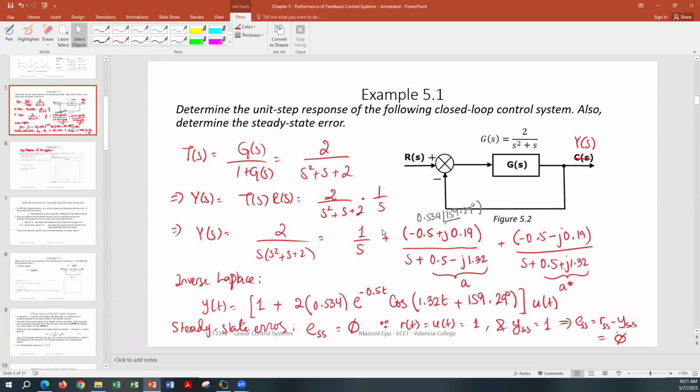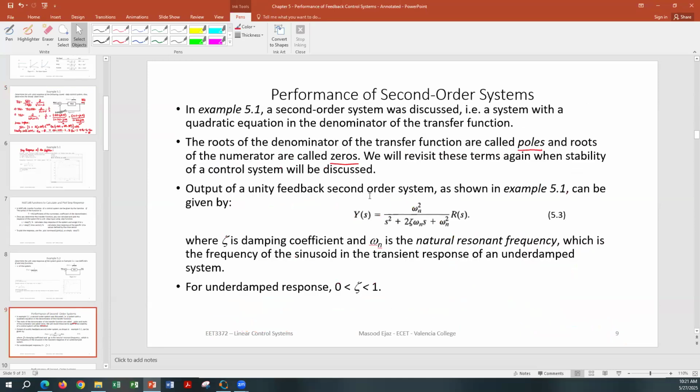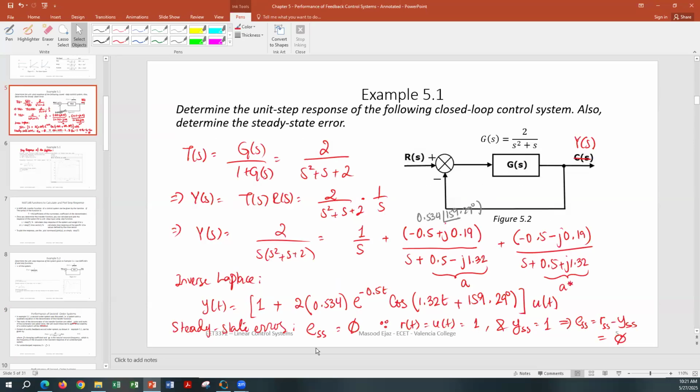If you want to solve the same thing using the Laplace transform pair from chapter number 2, which is given right over here, then first we have to write the equation in terms of omega n square over s square plus 2 zeta omega n s plus omega n square. So let's do that so that we can see if we get the same result as we did in chapter number 2.